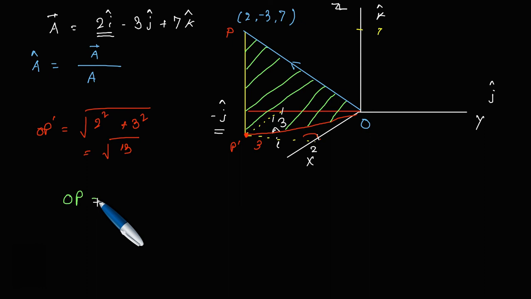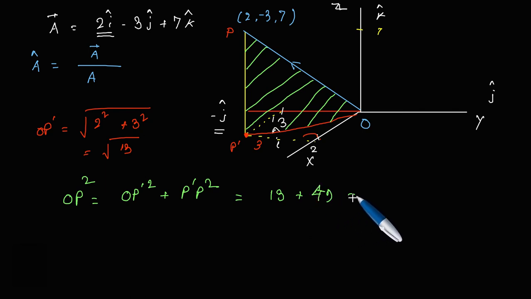So OP square equals OP prime square plus P prime P square, which gives us OP prime square means 13 plus P prime P 7 square, that means 49. It gives 62. Then OP is root 62.